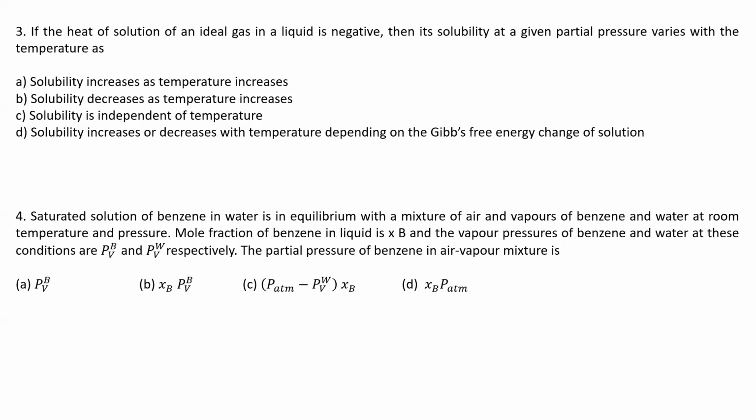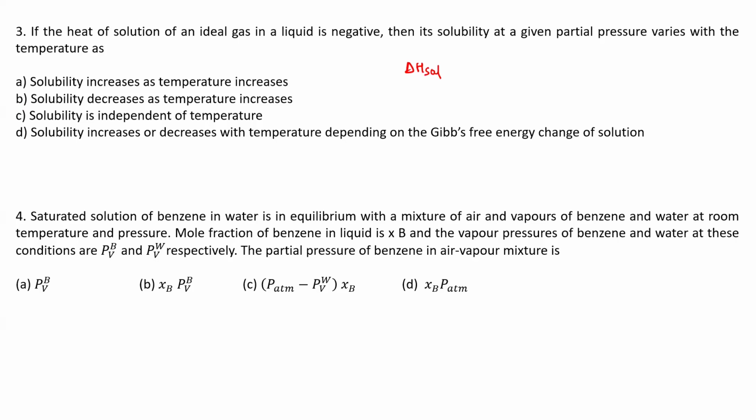Third question: if the heat of solution of an ideal gas in a liquid is negative, then its solubility at a given partial pressure varies with the temperature as. So here it is given heat of solution, that is delta H solution. It is similar to delta H reaction: when solubility is happening, making of a solution is happening, then this is a reaction.